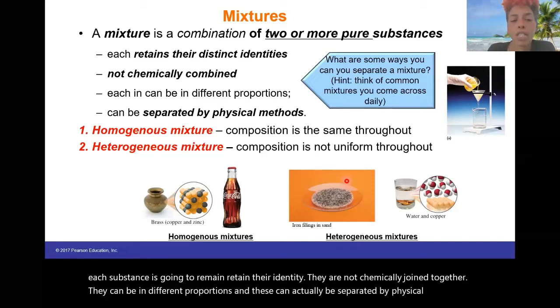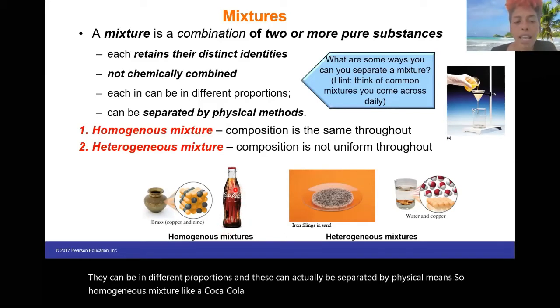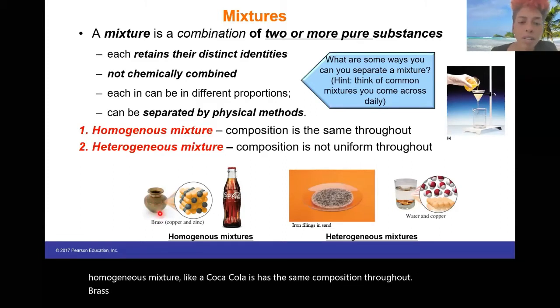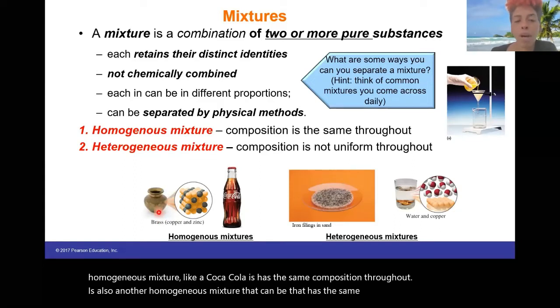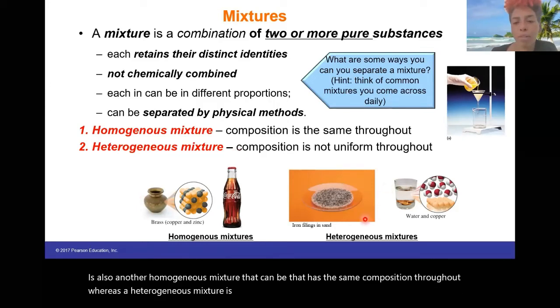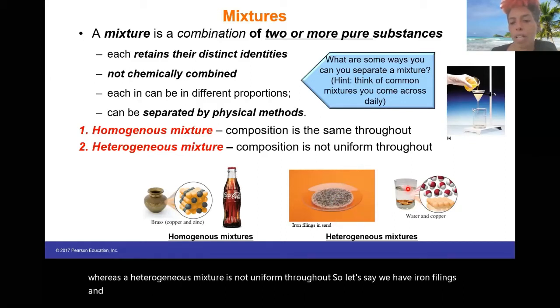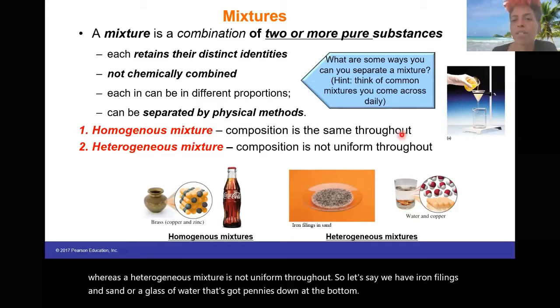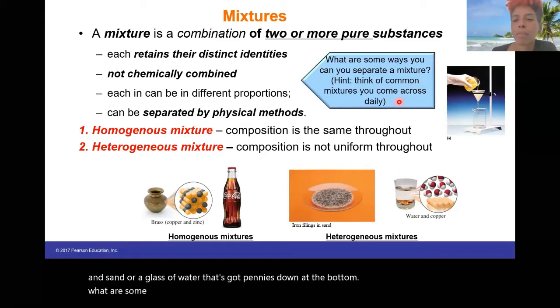So a homogeneous mixture, like a Coca-Cola, has the same composition throughout. Brass is also another homogeneous mixture that has the same composition throughout. Whereas a heterogeneous mixture is not uniform throughout. So let's say we have iron filings and sand, or a glass of water that's got pennies down at the bottom. What are some ways that you can separate a mixture?